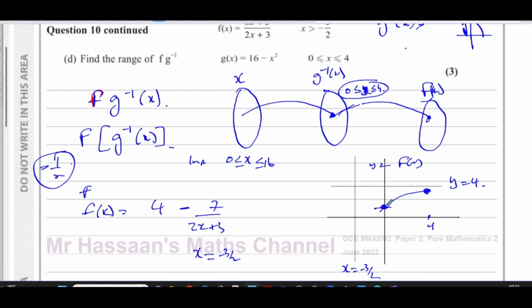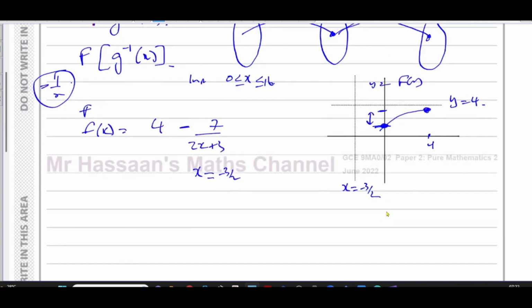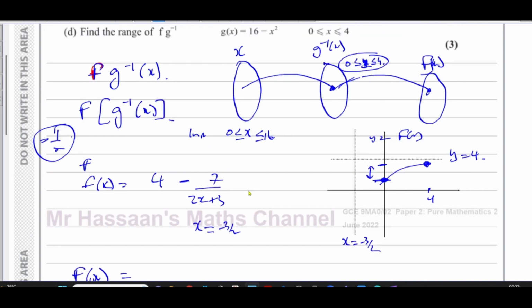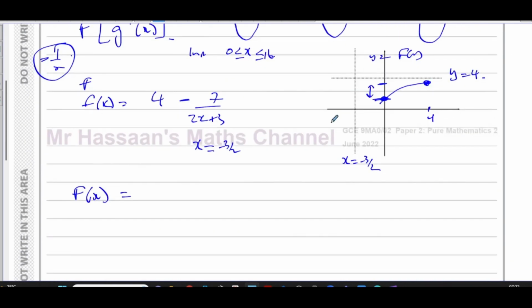So I've got to find what is the y value here and what is the y value there, and that will be my range. So I've got to substitute inside my function f of x, which is easier to write as 8x plus 5 over 2x plus 3. So my limits are going to be when x equals 0.